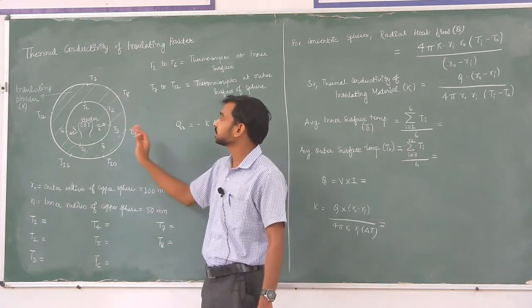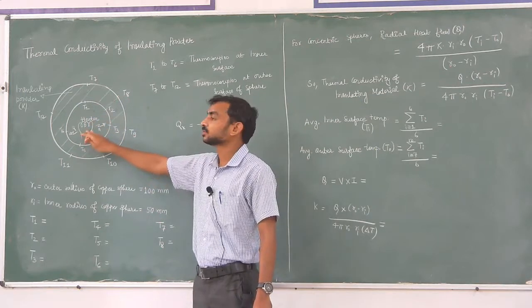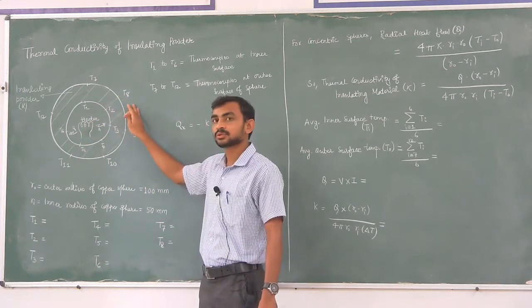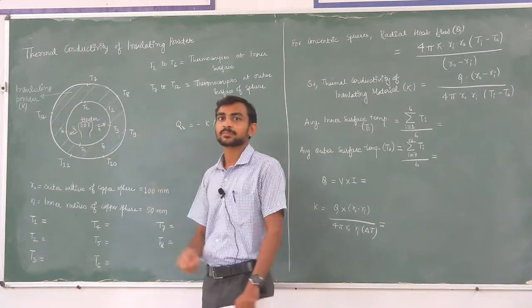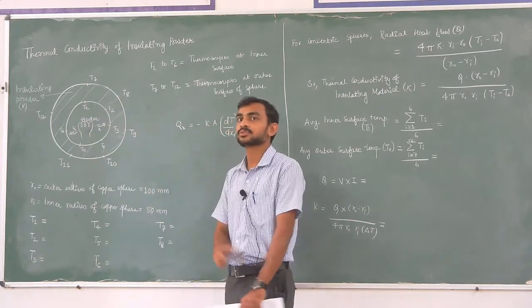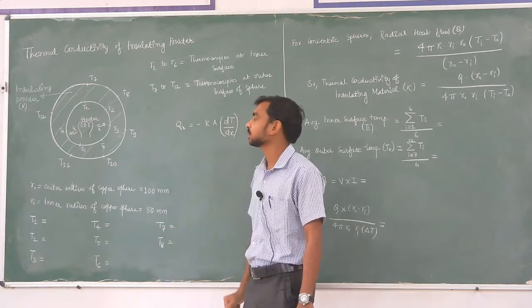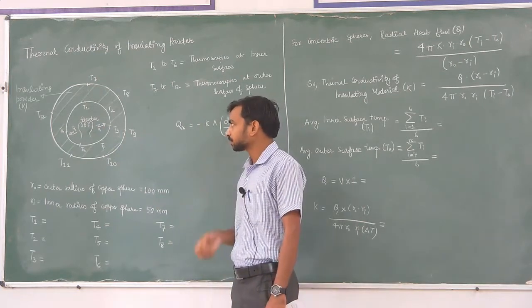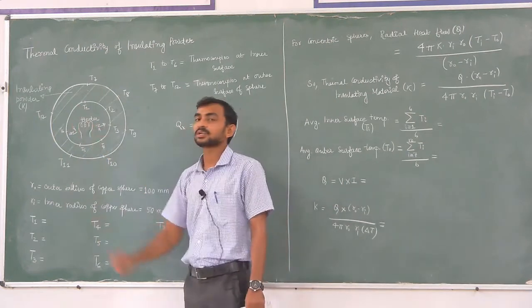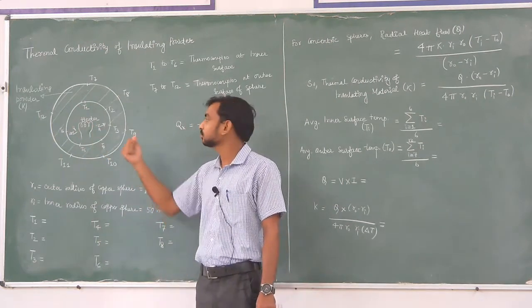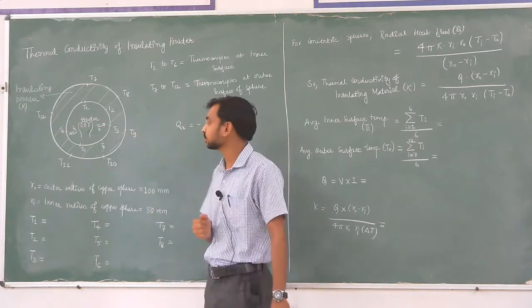That means, at the steady state the heat supplied to the heater must be dissipated to the outer surrounding, and all the temperature values should be constant. This will be treated as steady state. So, we have to find out the thermal conductivity of the insulating powder which is placed inside this concentric sphere.